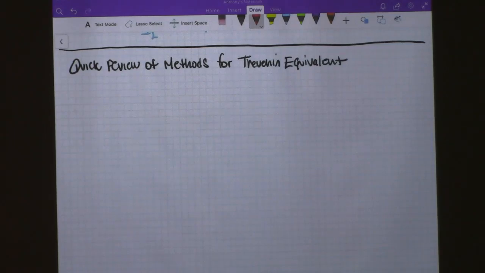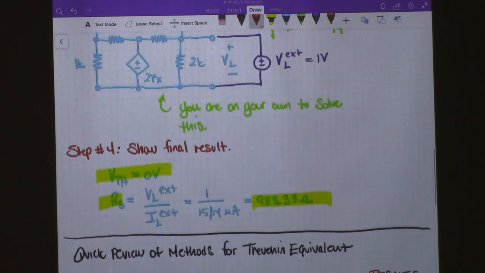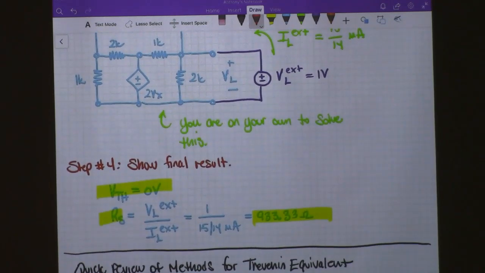We have different cases that we're concerned with. We have different methods. And then the result is pretty much always the same 2 values. Sorry, for the problem before, is IL equal to I Norton or whatever? No, that's not. That was different when we were doing the short circuit test. That was from before. This one, it's not.